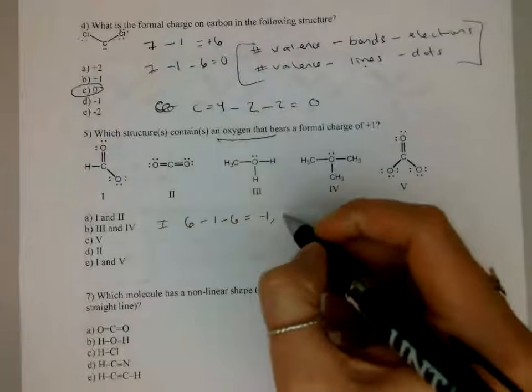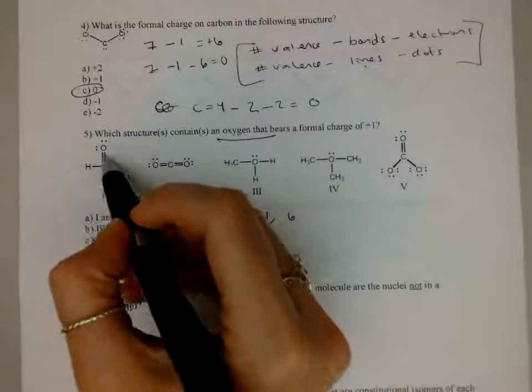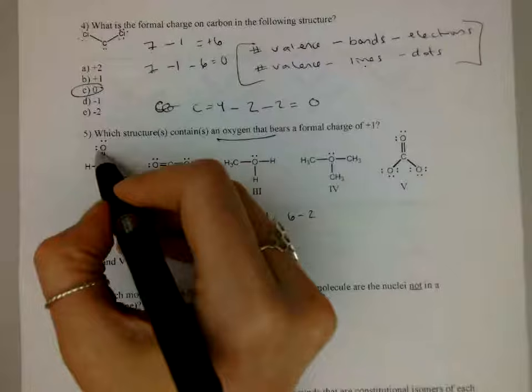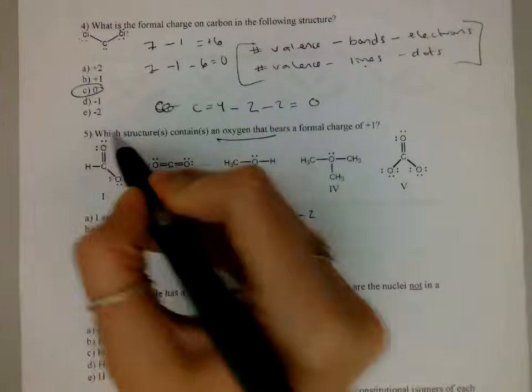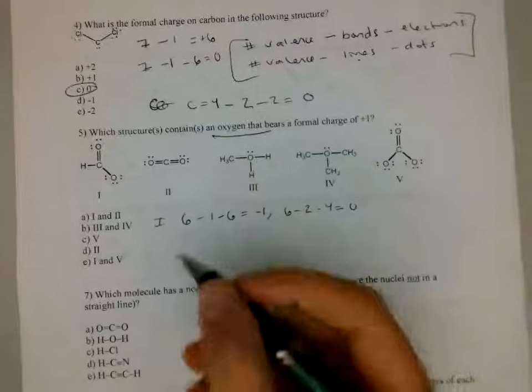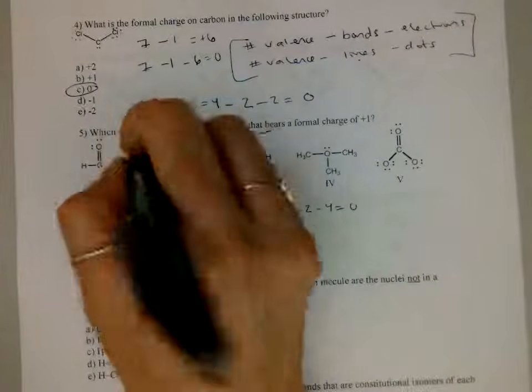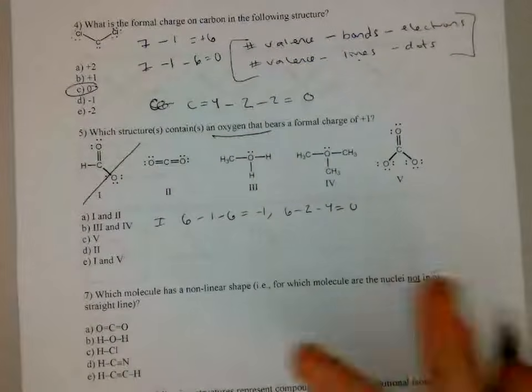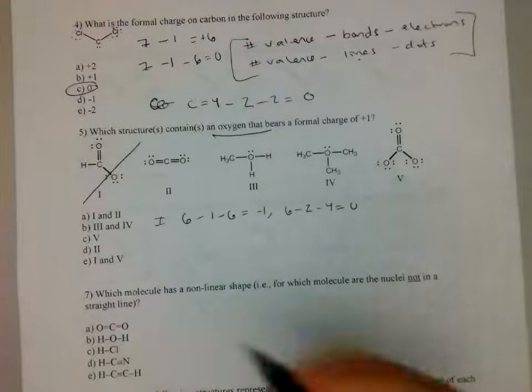The other oxygen starts with 6 electrons minus 2 bonds minus 1, 2, 3, 4 electrons is 0. So neither of those are right. There's just a -1 and a 0, so that's not the +1 we're looking for.